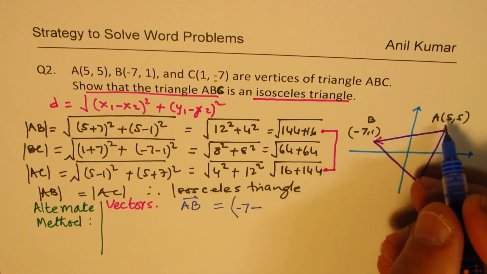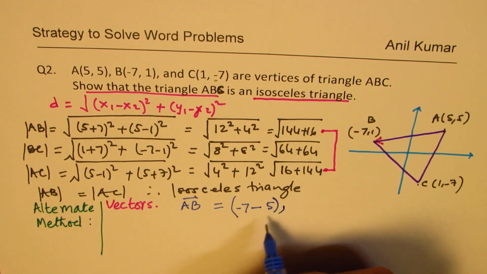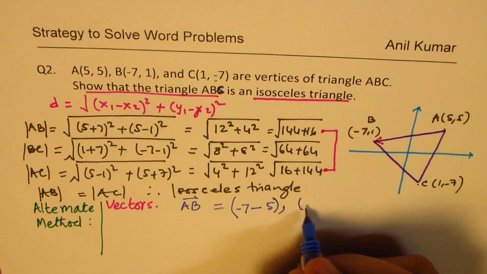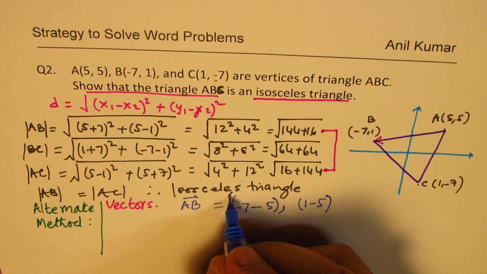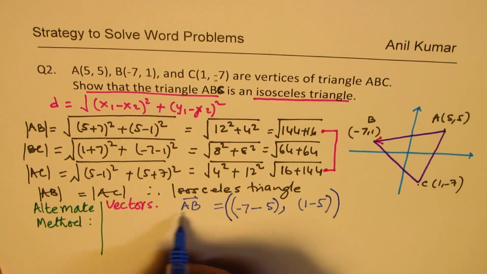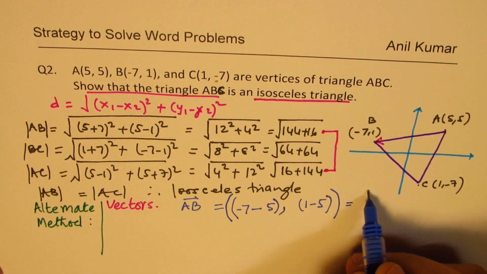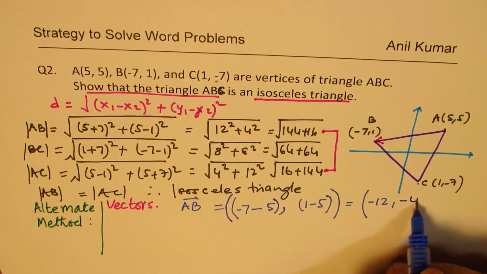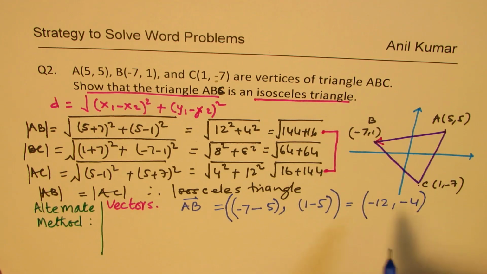This minus that, just as you do normally. So this is your X change, and the Y change is 1 minus 5. So that is what you get as AB, which is basically minus 12, minus 4. All right, so that is a position, right? It is like this.